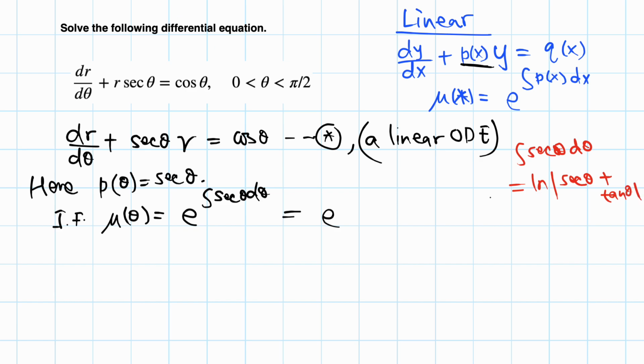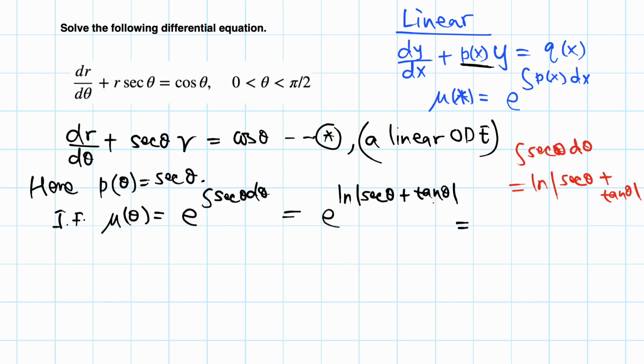This one is not usual, but that's the integral. The antiderivative of secant theta is natural log of the absolute value of secant theta plus tangent theta. Now we can cancel e and natural log, their actions cancel. And look at this absolute value.